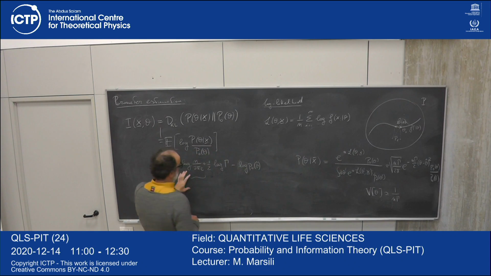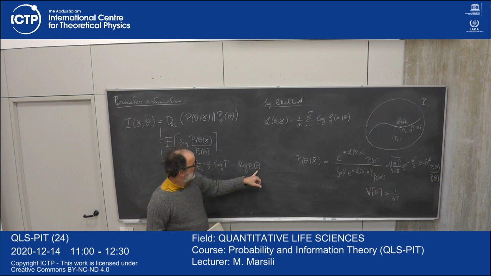So this is the first term. Then this term is essentially telling you that if the maximum likelihood estimate is a priori very unlikely, it means that this P0 is very small, then you learn a lot. Okay?